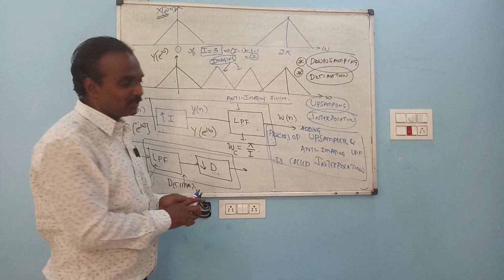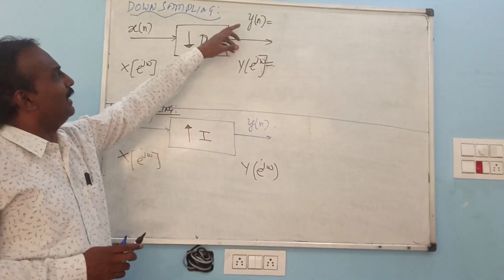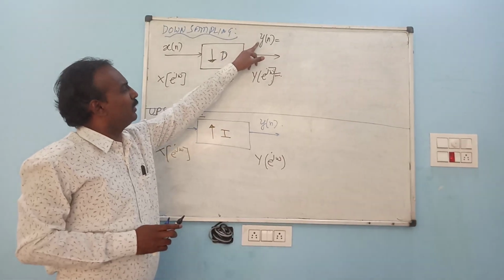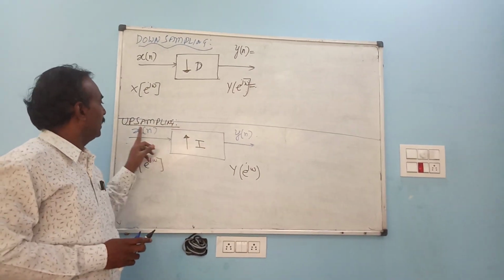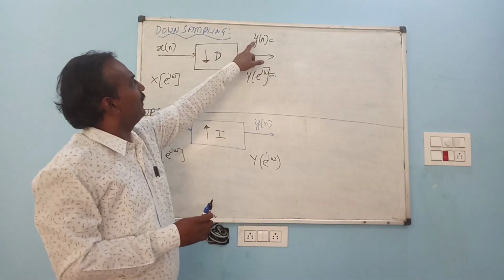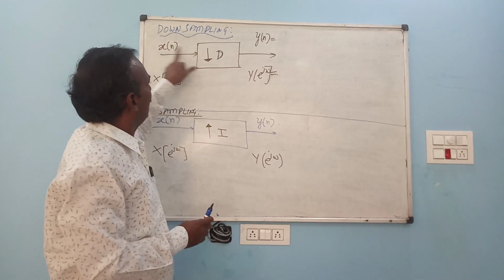And what is the expression we have seen? What will happen after downsampling to the time domain signal and the frequency domain? What will happen after upsampling? y of n is the output of a signal x of n after downsampling.